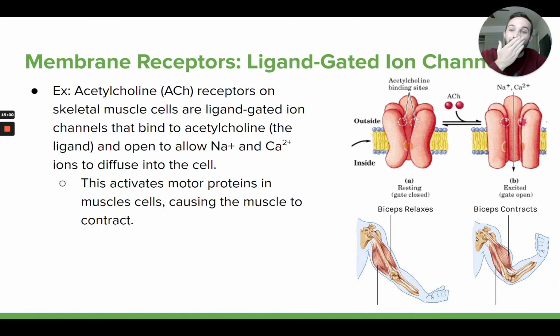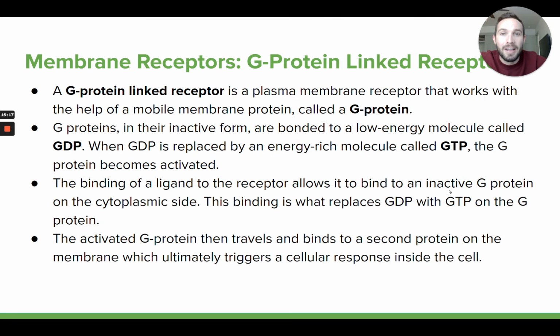So that's an easy example of ligand-gated ion channels and how these receptors, when they bind to their ligand, cause a certain response inside the cell. In this case, it's motor proteins becoming activated and contracting the muscle. And then the last one we're going to look at are G protein linked receptors. These are another type of membrane receptor.